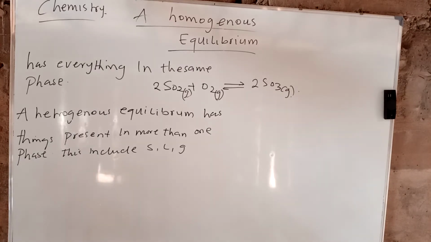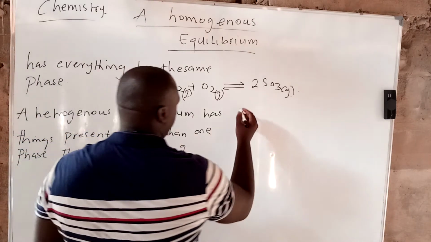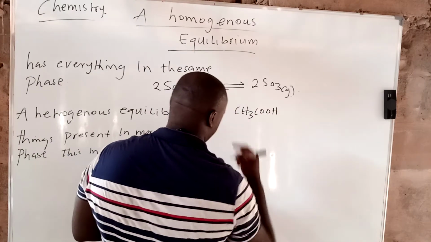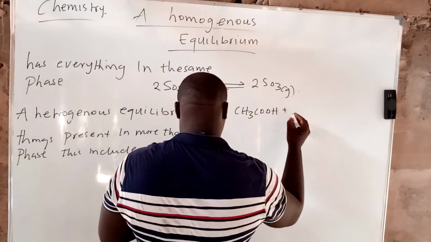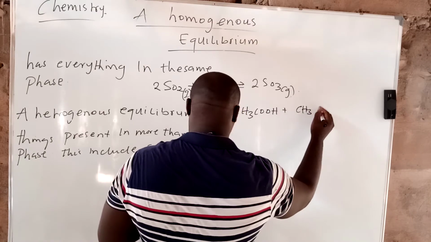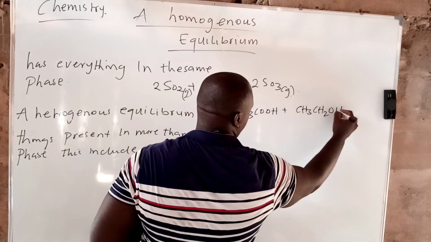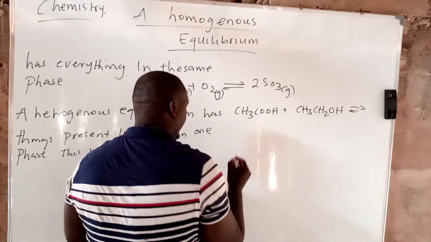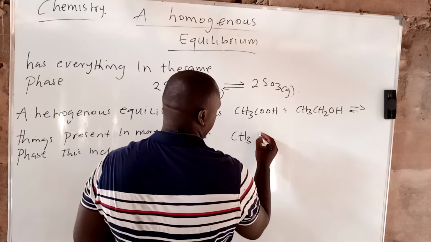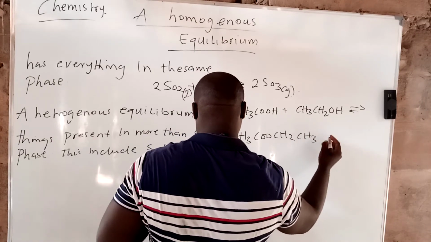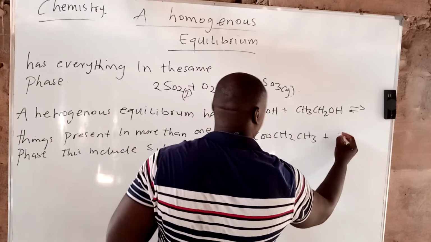And that is an example of a homogeneous equilibrium. Another one you can have is a reaction like this: ethanoic acid plus an alcohol, CH3CH2OH, in a reversible reaction to give you CH3COOCH2CH3 plus water.